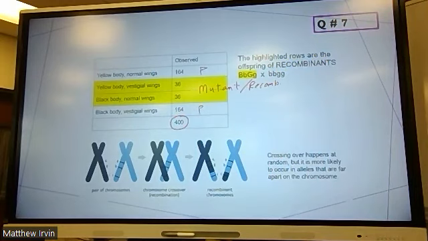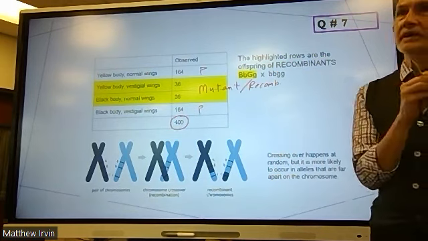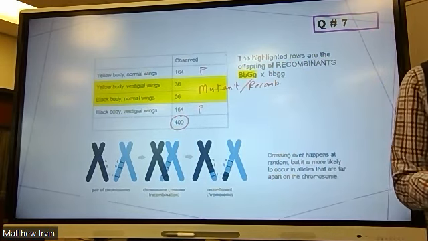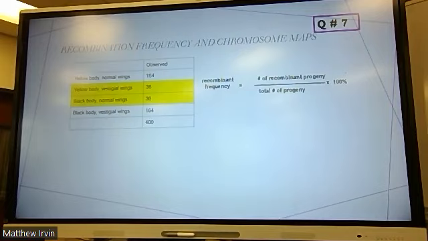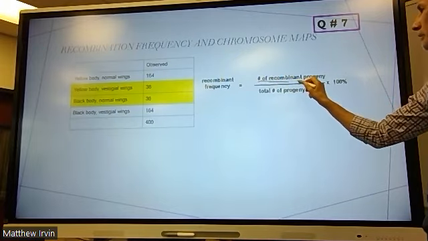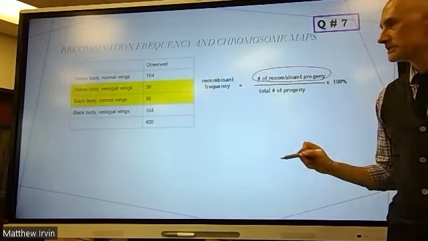So if we see that our mutant or recombinant offspring are a much smaller percentage, we can use that to calculate our recombination frequency, which means how often those things cross over. So in order to calculate our recombination frequency, we're going to take the total number of the recombinants.